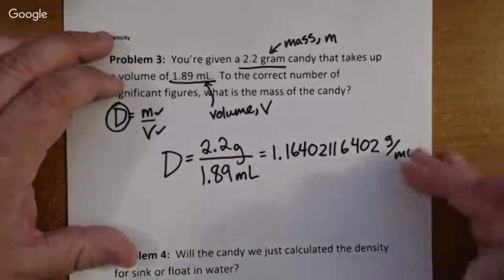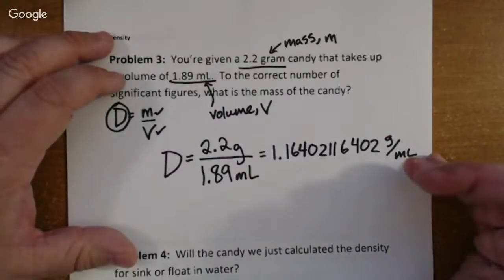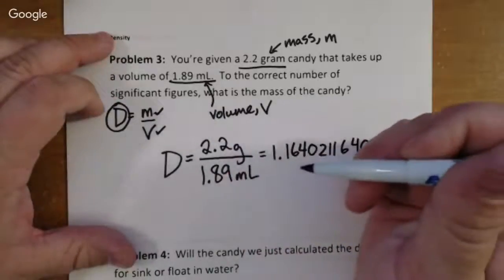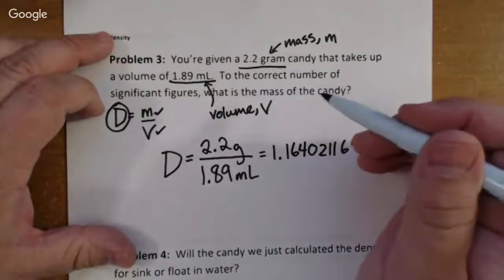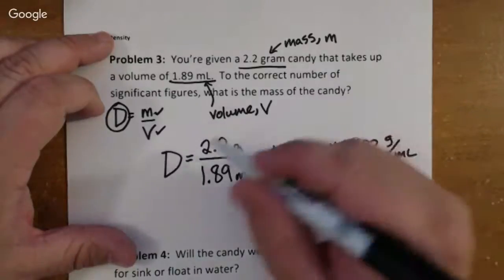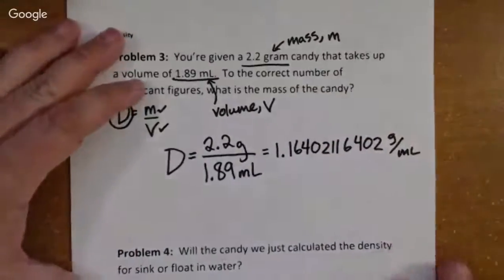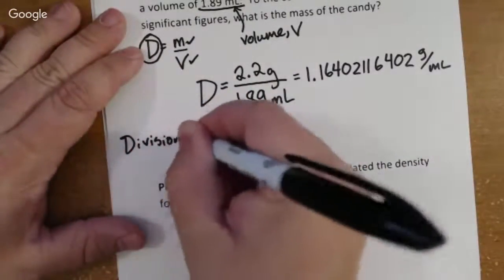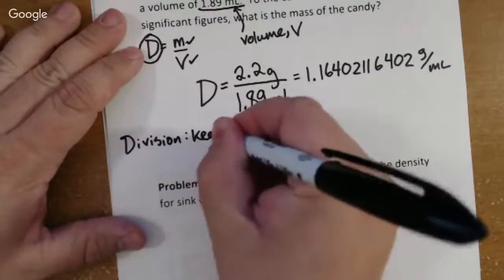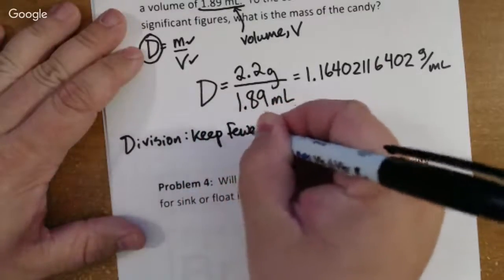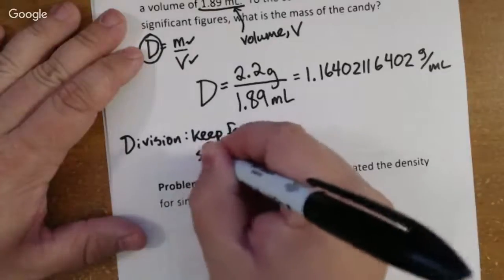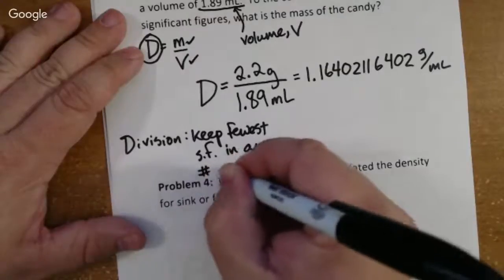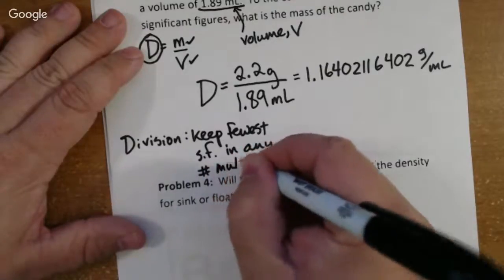Okay, looks like we have an answer, but we really don't, because it says to the correct number of significant figures. You had two separate rules, one for addition and subtraction, and one for multiplication and division. Well, we're dividing here. And your rule for division was, let's write it out here, keep the fewest sig figs in any number multiplied or divided.